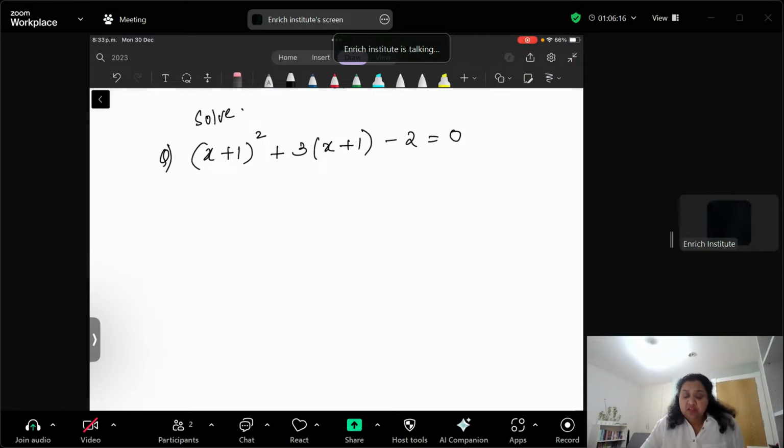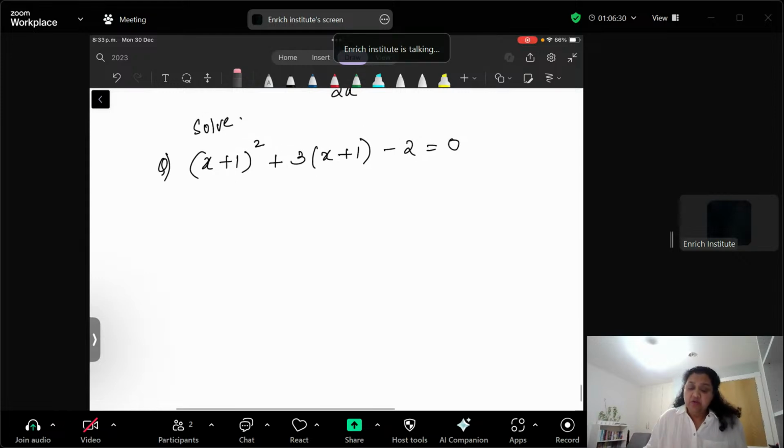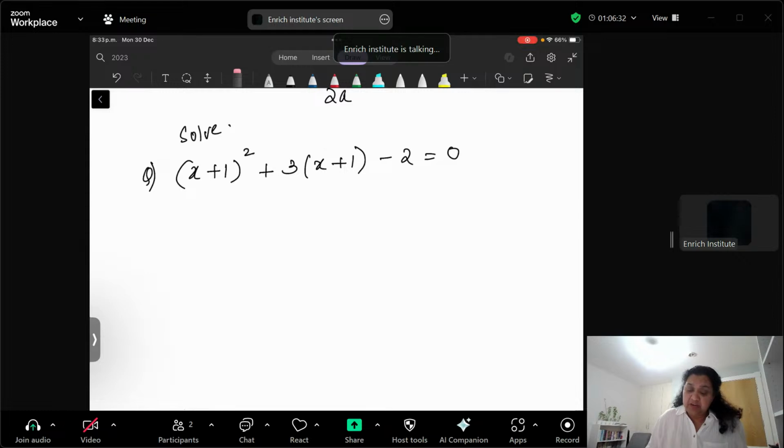Whenever you see this question, the initial impression will be to expand it. You will think, let me expand this, then I might solve it. But no. Whenever you see a repeating pattern, x plus 1, x plus 1, you are seeing a repeating pattern.